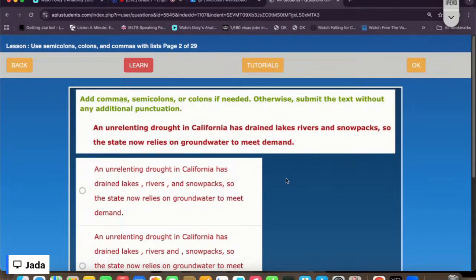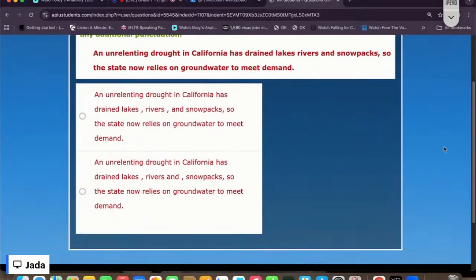An unrelenting drought in California has drained lakes, rivers, and snowpacks, so the state now relies on groundwater to meet demand. First or second?